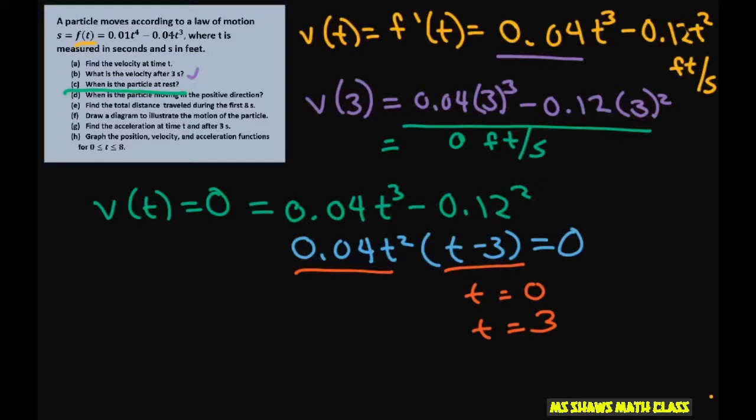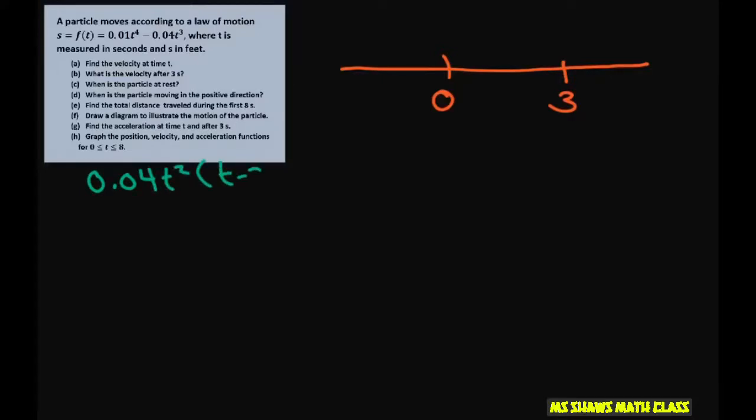Now, what we're going to do is use a sign diagram and see where it is moving in a positive direction. So we have 0 and 3. I'm going to write this out as a sign diagram, 0 and 3. Our equation again was 0.04 t squared times t minus 3.